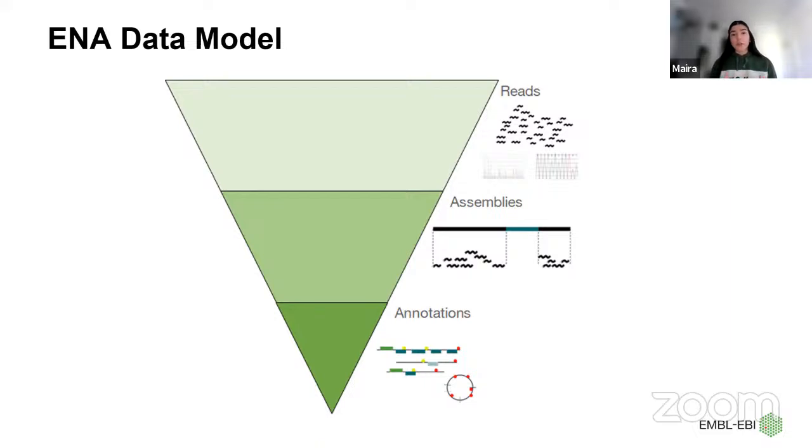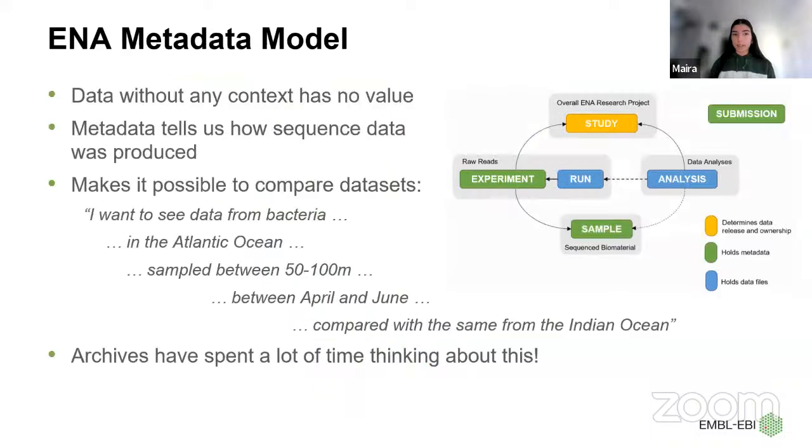And often you can group assemblies and annotations together, and you can submit these as annotated assemblies. Right, so these are our three main categories of data that we accept. We also accept other types of analysis data, but broadly speaking, these are the three main data types that go into the ENA.